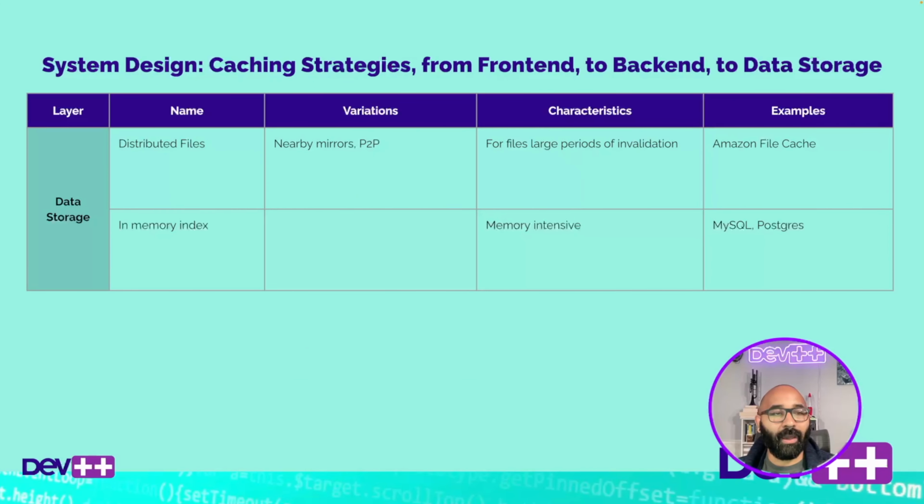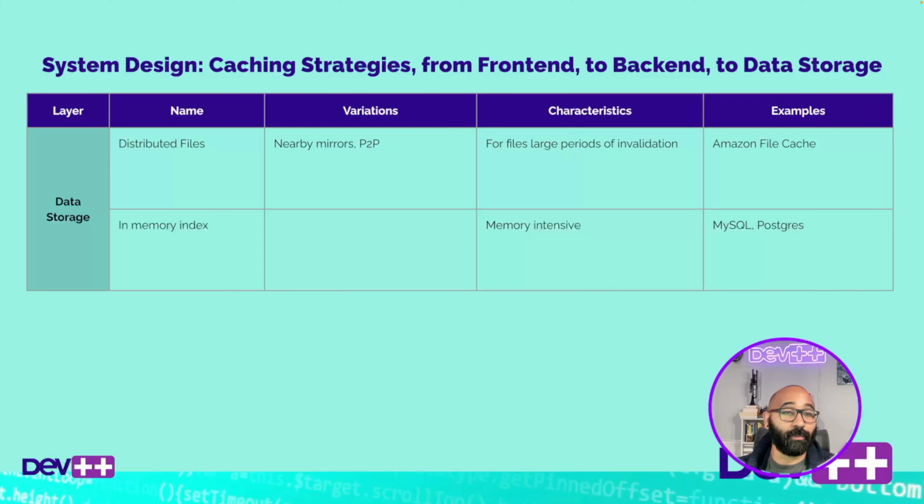At a lower level, this is not that common for you to manipulate, because these solutions are very hard to build manually, and infrastructure providers usually already provide a solution like this. But you have distributed files, such as S3 buckets for Amazon. They have something built in called the Amazon file cache: if you start accessing, from different parts of the world, files that are really heavy and are under this file cache policy, it creates copies that are closer to you in order to make those downloads faster, right?